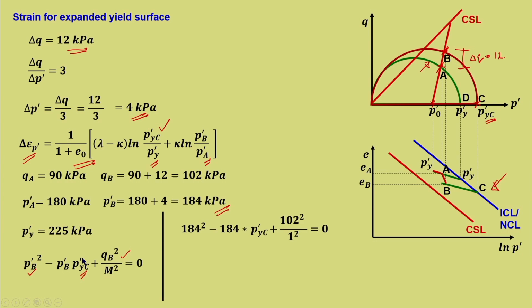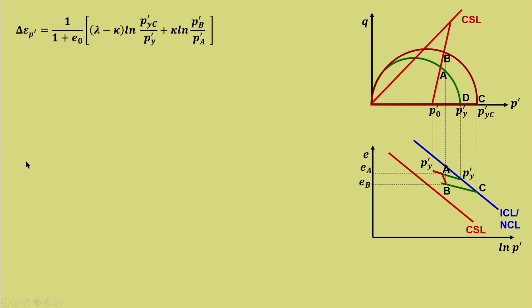If you solve this, substituting 184 for p dash B and 102 for qB, we will get p dash yc equal to 240.5 kilopascal. So, all that is needed for delta epsilon p dash is now determined. We just need to substitute these values in this equation.